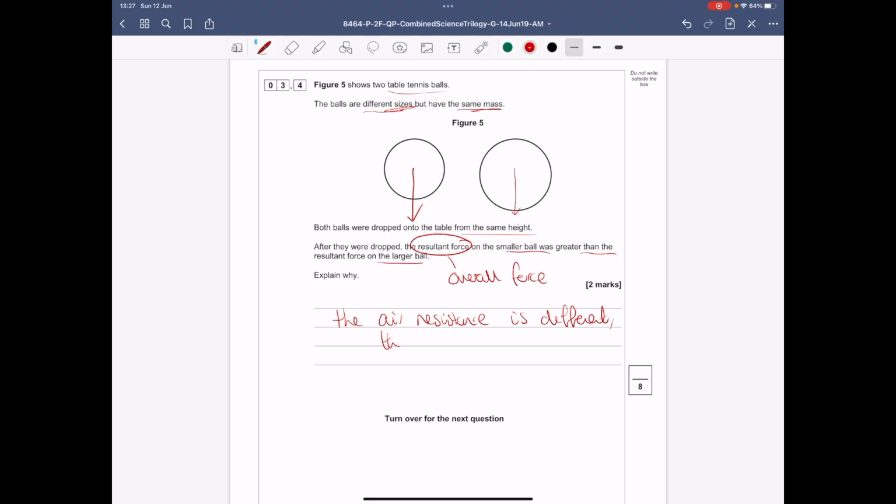Okay, the smaller ball has less air resistance, and because it has less air resistance, the overall force is therefore bigger.